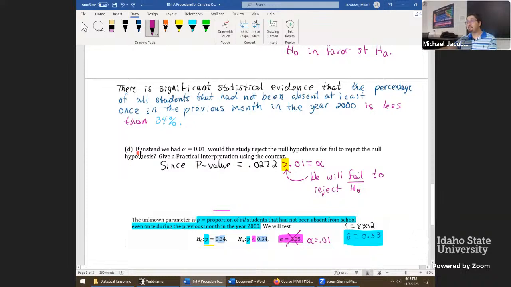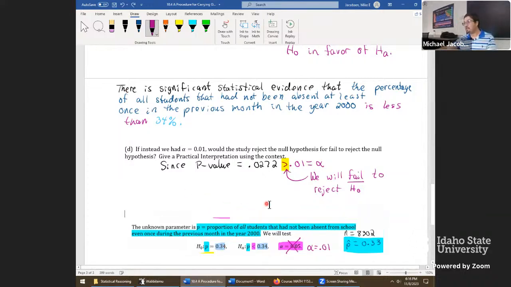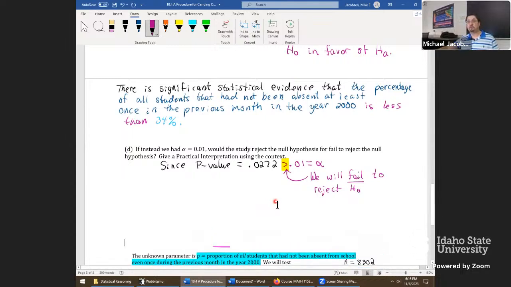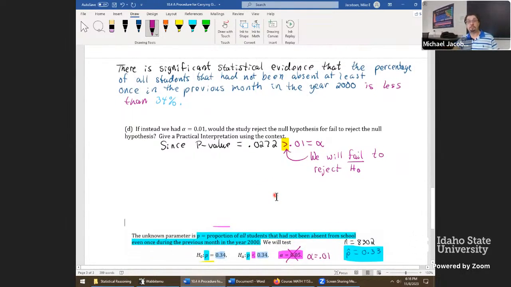So one thing we cannot say in this question in part D is we found evidence that the proportion of those students is 0.34. We have no idea until they take an official census and actually measure everyone, how many times they were absent the previous month. So here, this conclusion is definitely a little bit weird, but it's important to make this kind of conclusion. We would say here, with lots of sadness, people really want to support the alternative hypothesis.